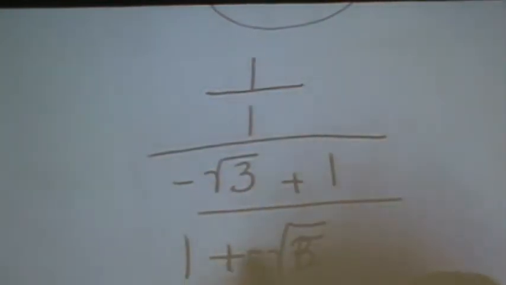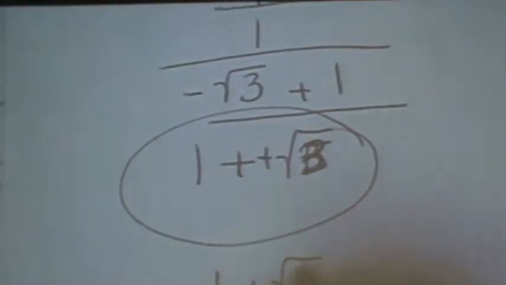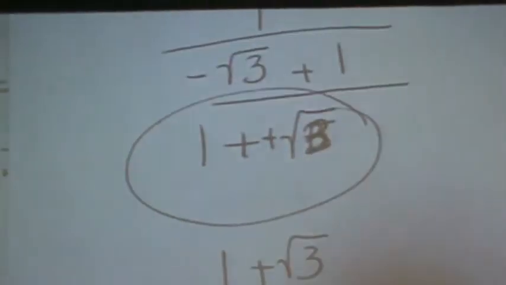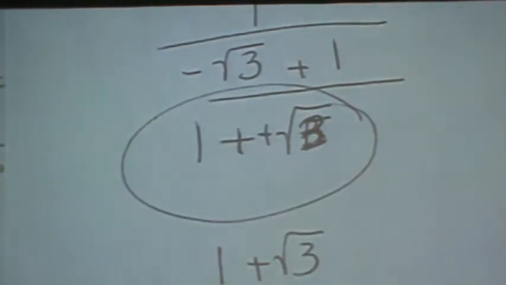So this ends up being plus. Sorry about that. So now understanding that you're basically flipping and multiplying, this whole thing is going to go in the numerator, and this is going to be in the denominator. And I'm going to switch these two spots.